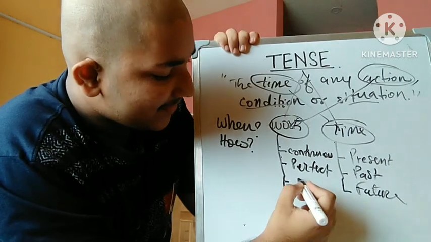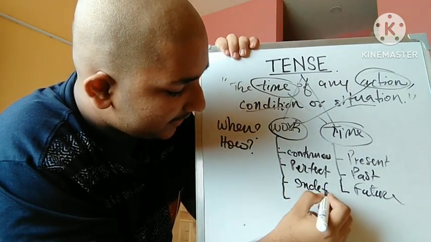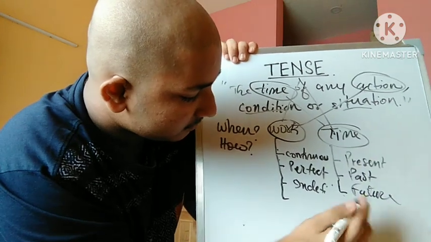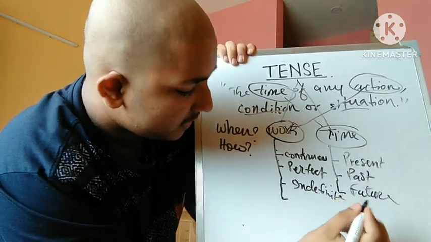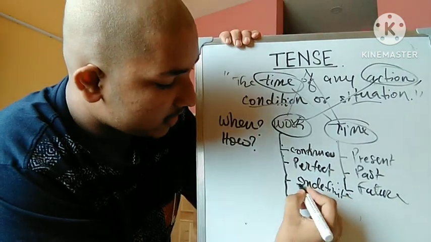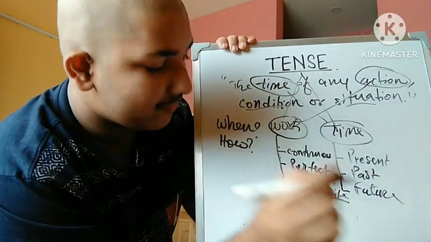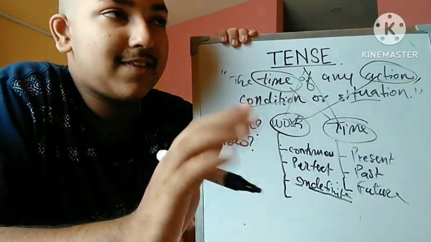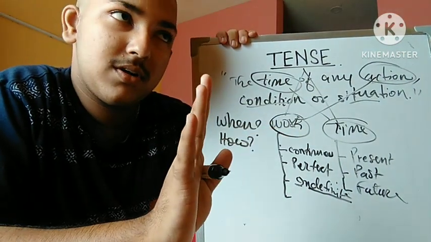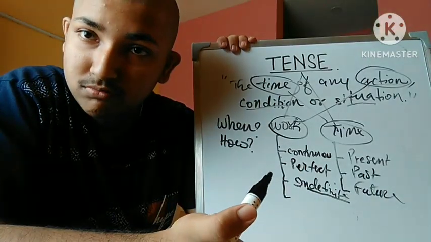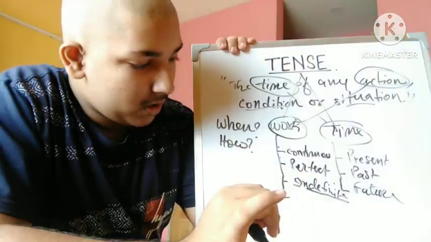Then we have indefinite. What is the meaning of definite? Definite means something is definite, for sure. Indefinite is not for sure.